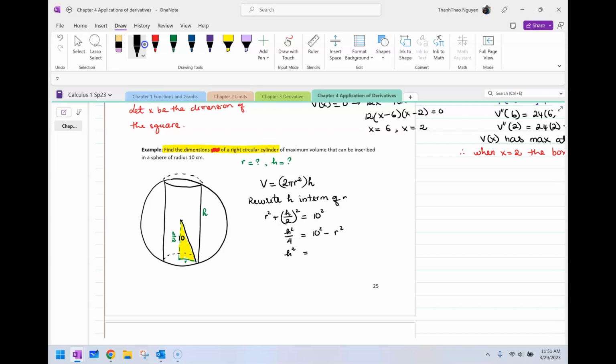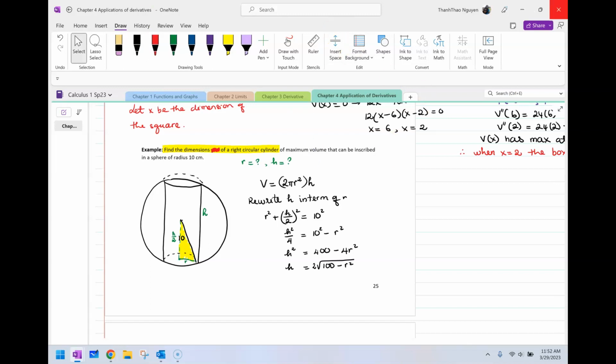h squared then equals 400 minus 4r squared. So h equals 2 times the square root of 100 minus r squared.